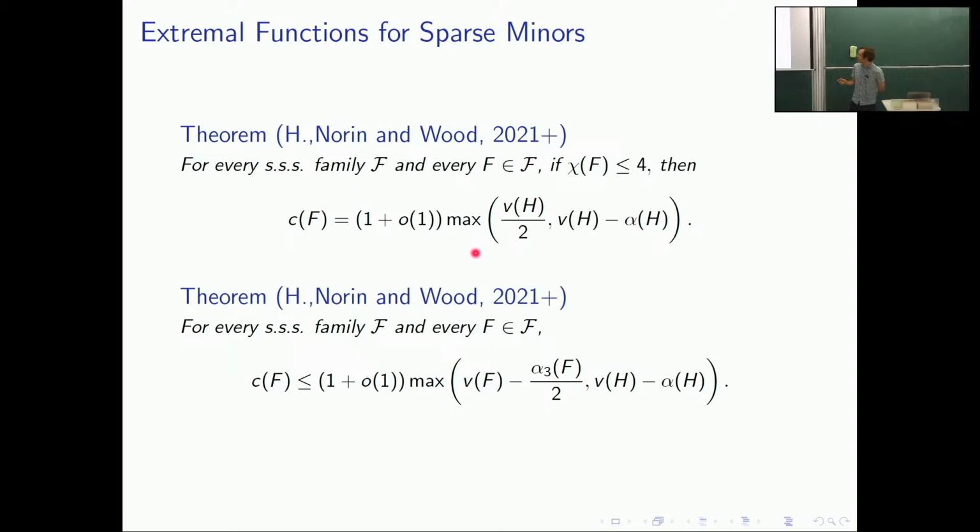So it's the maximum of either the number of vertices divided by 2, or the number of vertices minus the size of the largest independent set. So I guess this is equivalent to the size of the smallest vertex cover.